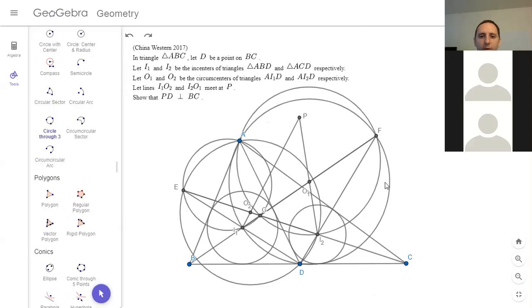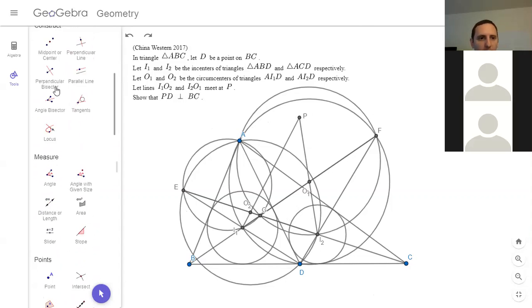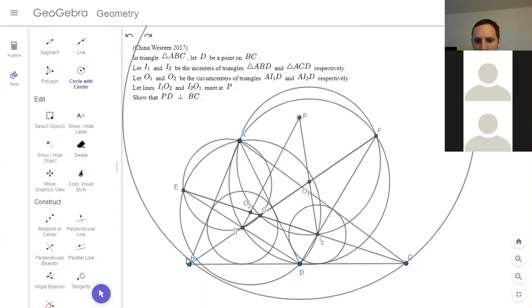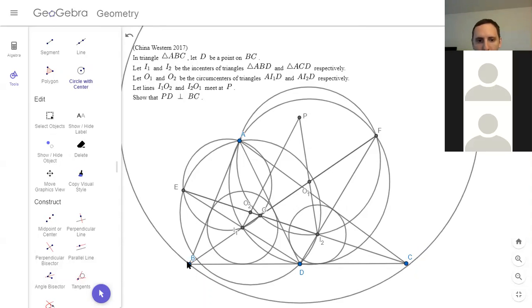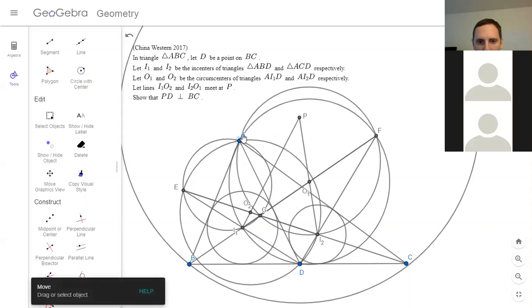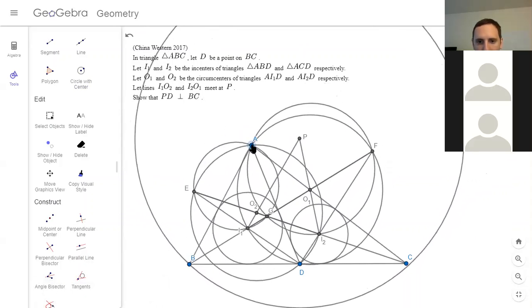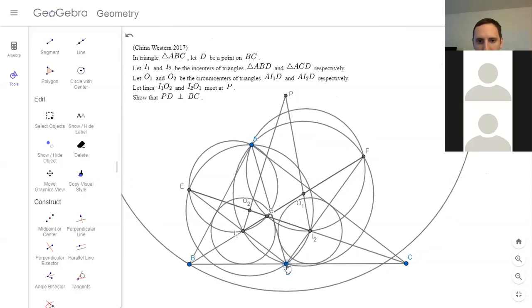Okay, so how do we go about this then? So one way, let's see. There's no way PB equals PC. Although it's really close, if I move point D, you can see it's not true.